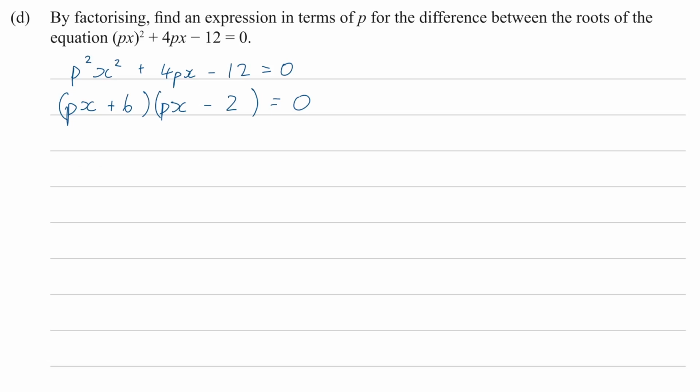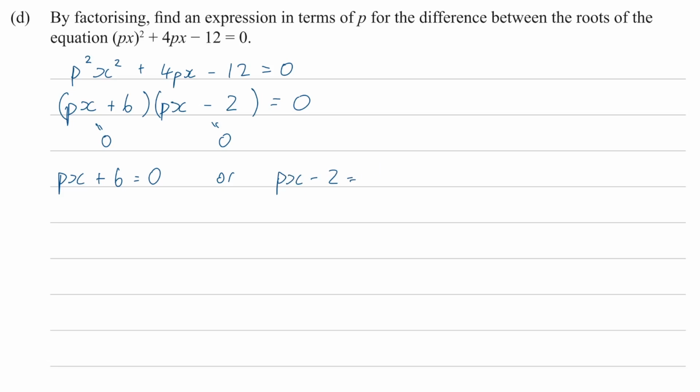And now the question is a little bit odd, right? It's asking us to find the difference between the roots. So we have the factorized form, so we can find the roots by setting each bracket to 0 and solving for x. So px plus 6 equals 0, or px minus 2 equals 0.